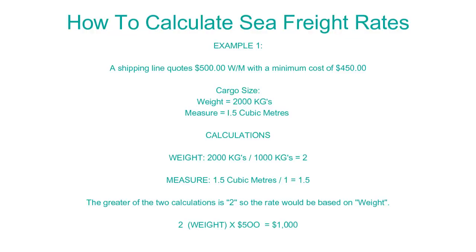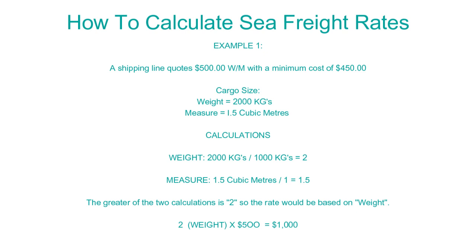So what you have to do, as the example shows you on screen, you have weight 2,000 kilos and you have a cubic 1.5 cubic meters. So the calculation is the weight 2,000 kilos divided by 1,000 kilos equals 2.